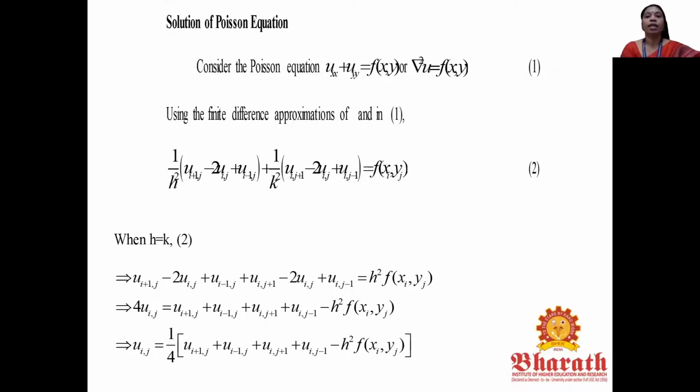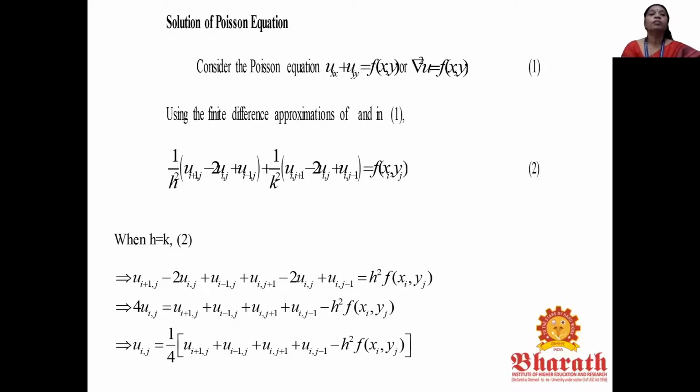So when h equal to k, that is the increment given in the x coordinate and the increment given in the y coordinate are equal, your equation 2 will become u of i plus 1 comma j minus 2 into u of i comma j plus u of i minus 1 comma j plus u of i comma j plus 1 minus 2 u of i comma j plus u of i comma j minus 1 is equal to h square into f of xi comma yj.